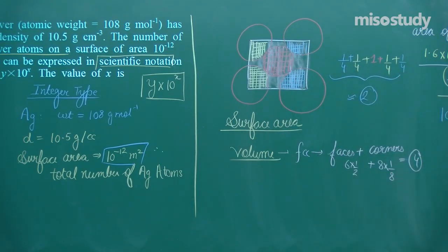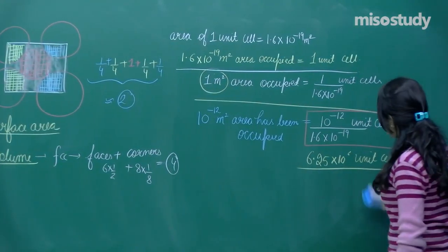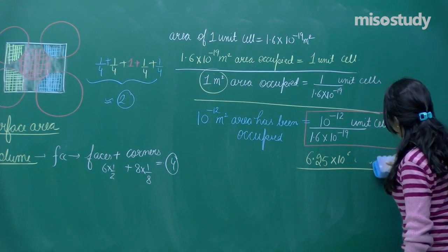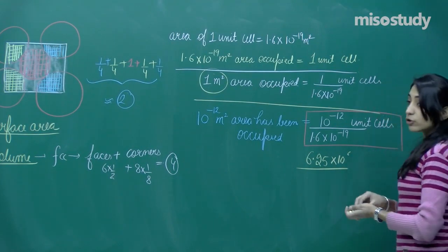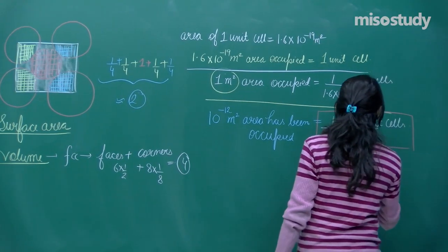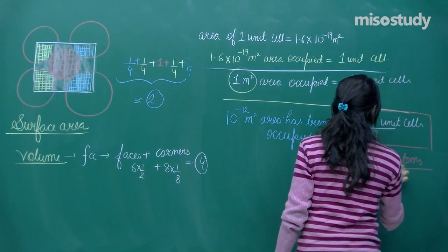So see guys, here we got the total number of unit cells, but in one unit cell I told you there are a total of 2 atoms. So if I multiply it with 2, these are the number of atoms.